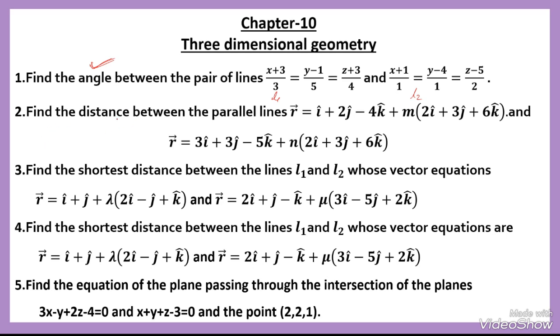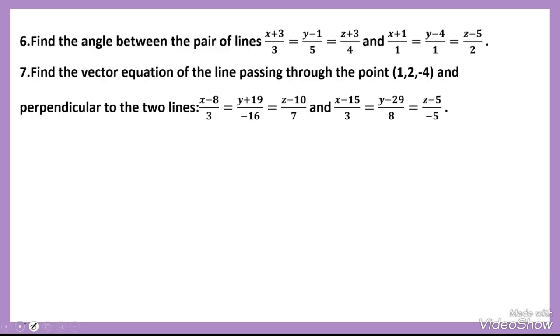Sometimes they ask to find the distance between the lines. Here the shortest distance, both are same. Here also they ask to find the distance. Then sometimes they ask for finding the equation. Out of the 7 questions, there will be one definite question for examination.